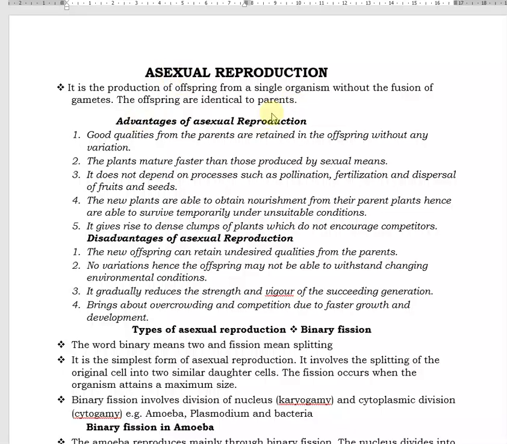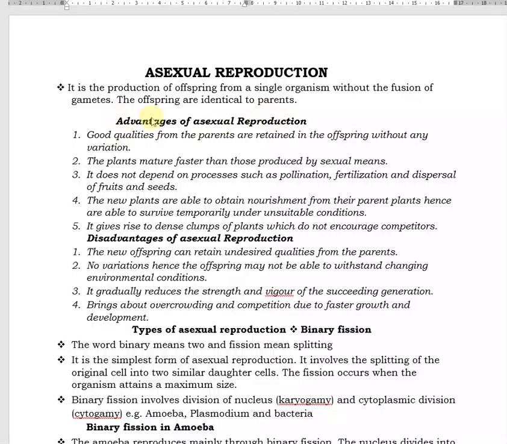Remember, we have two types of reproduction: sexual reproduction, where there is fusion of gametes, and asexual reproduction, where there is no fusion of gametes. So in our definition, asexual reproduction is the production of offspring from a single organism without the fusion of gametes. The offspring are identical to the parents. The offspring look like the parents.